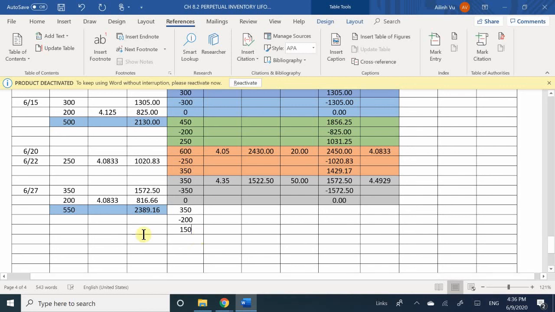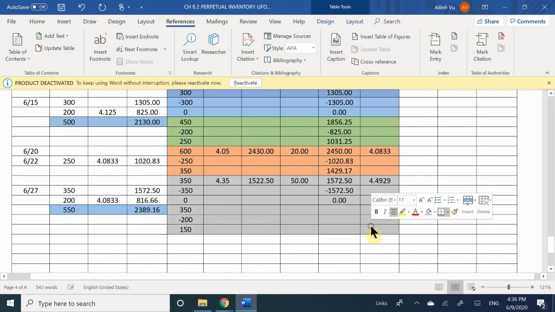All right, so we know that we're taking out from the orange batch. We added it down here, 350. And we know that we're taking 200 out of the orange batch. So now we subtract 200. What is 350 subtract 200? 150.